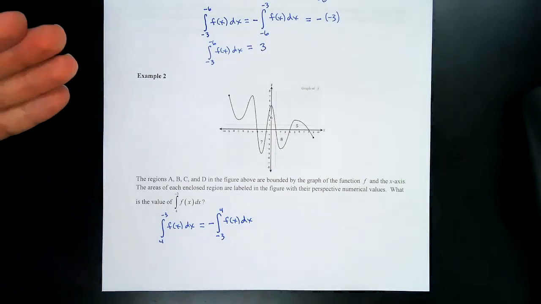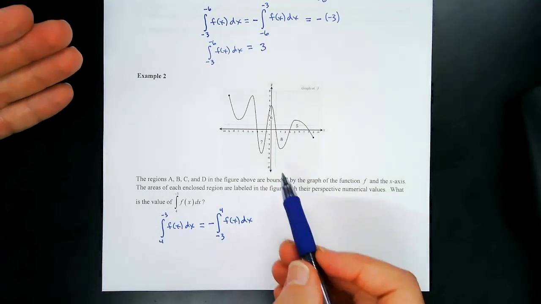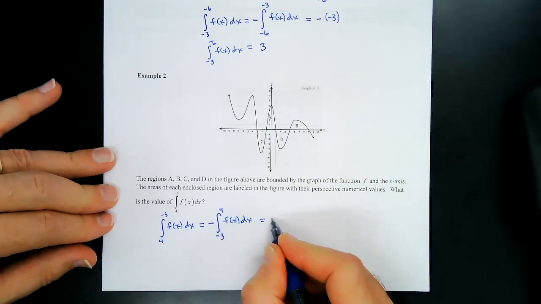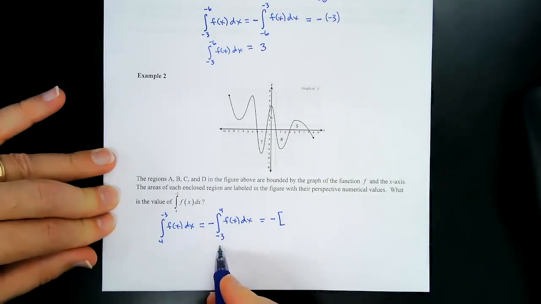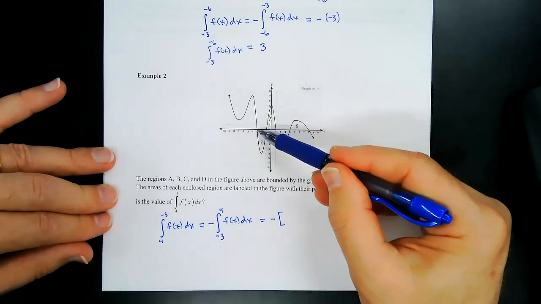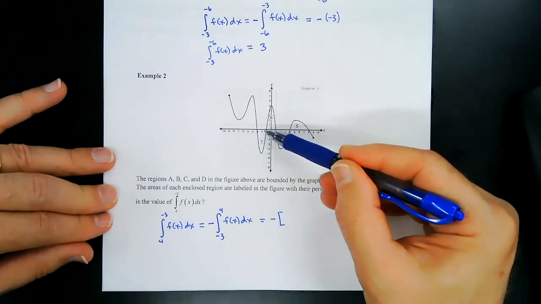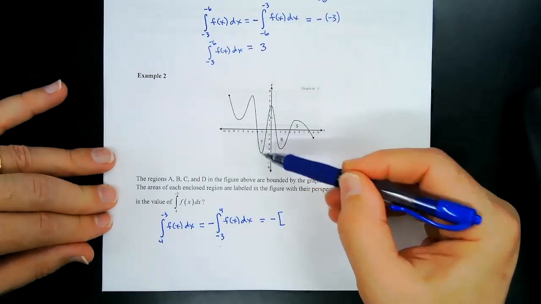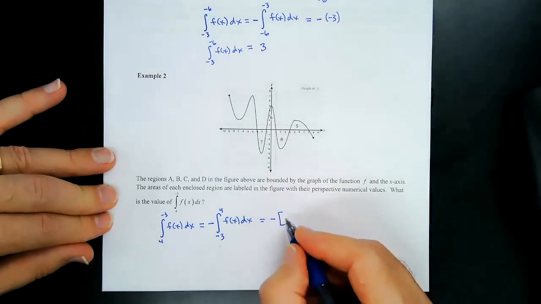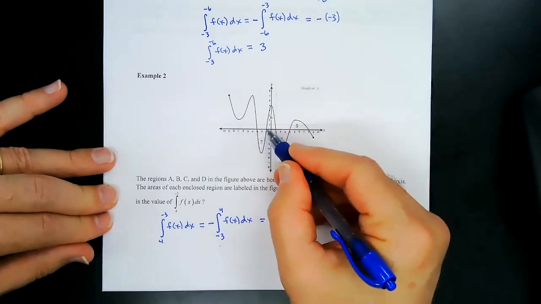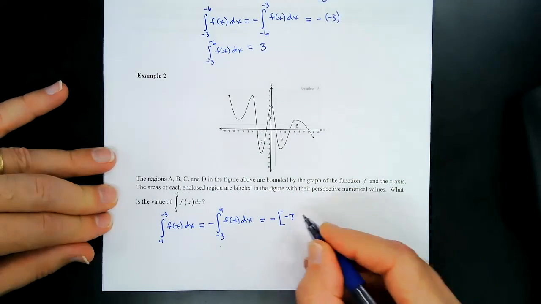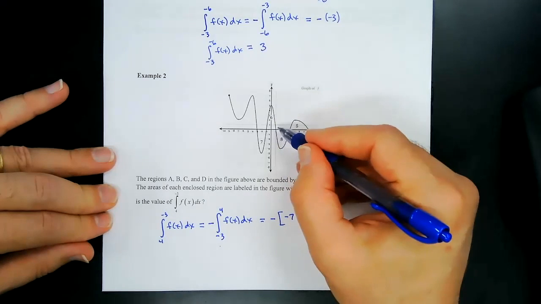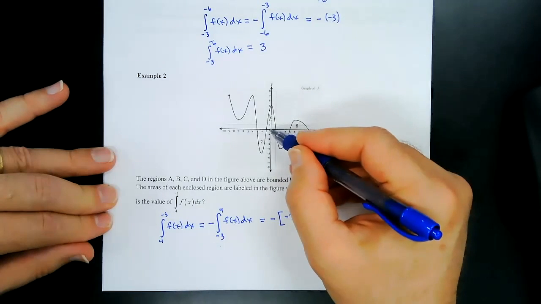So now it's just a matter of finding this area, right? So this is going to be equal to negative of whatever this integral is. Well, I'm going to start here at -3, and I'm going to go from -3 to -1. And because it's below, that's going to be a negative value. So since the area is 7, this integral from here to here would be -7. And then from -1 to 1, I know that's +6.